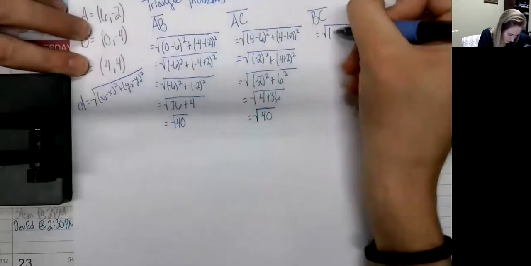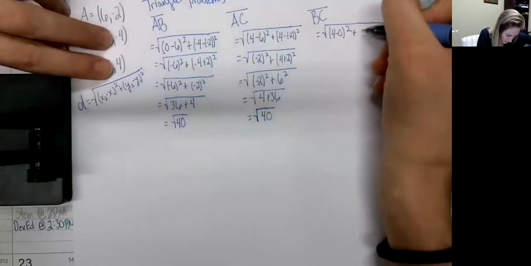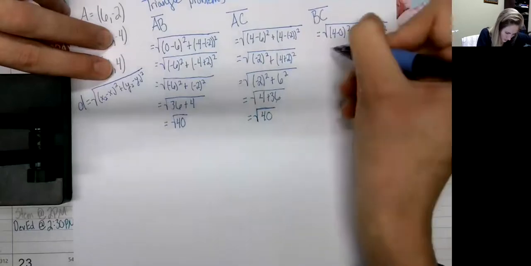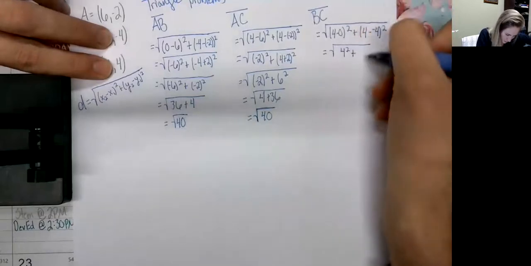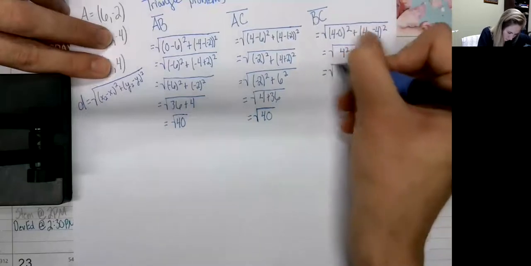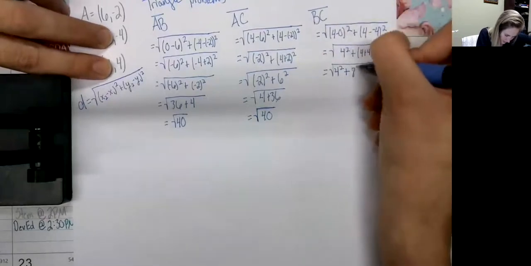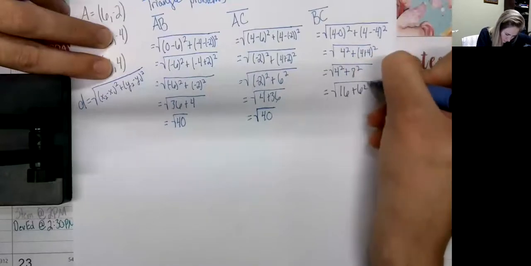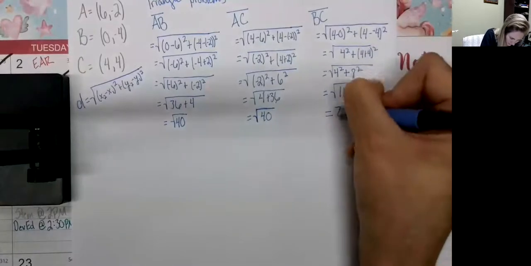Okay, so here we have 4 subtract 0 squared. And then we'd have plus 4 subtract negative 4 squared, which would be 4 squared plus 4 plus 4 squared, which is 4 squared plus 8 squared, which would give us 16 plus 64. 16 and 64 would be 80.